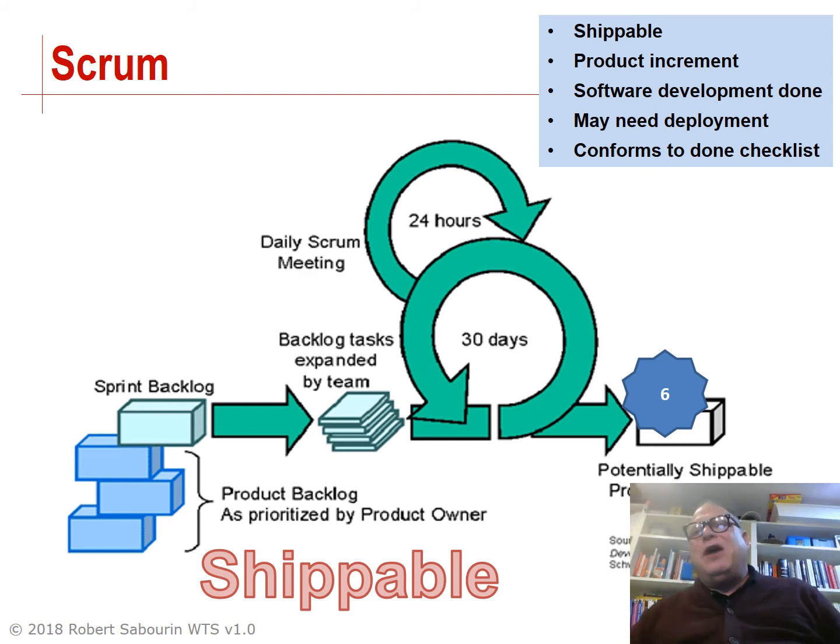No more software engineering work is required. Maybe we require some deployment related work. Maybe we require some stuff related to getting the product shipped, but there's no more real software engineering work to be done. The product conforms to the done checklist. It's shippable.